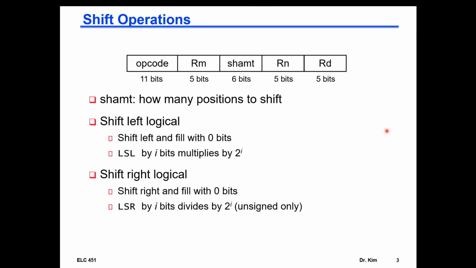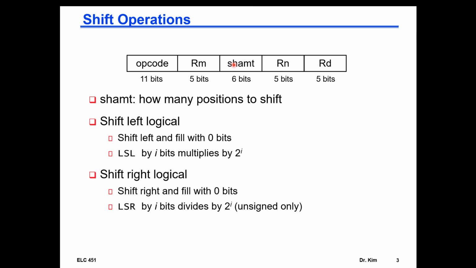So I was talking about the shift operation and how it uses the register type of instruction and that format to specify how many bits to shift in the shift amount field. And you can see that it has 6 bits.